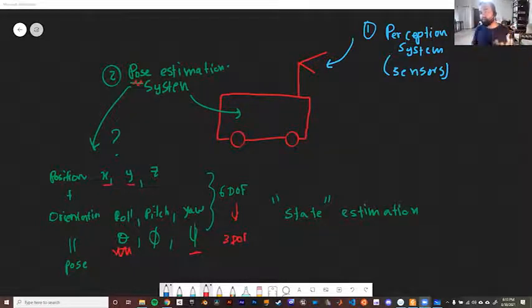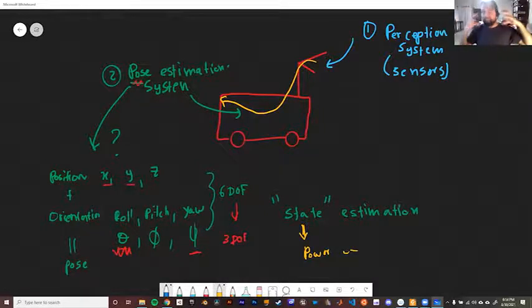How it generally does this is it takes the information from the perception system to help it estimate its pose. When we talk about state estimation in general, state could be a lot of things. There are lots of things we care about in the state of the robot, for example the power state, the energy levels, or the encoder states. But on a high level, one of the most important states that we try to estimate is the pose, because it's a very fundamental thing.